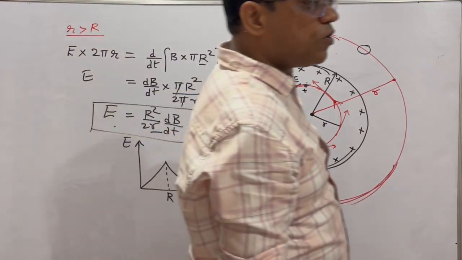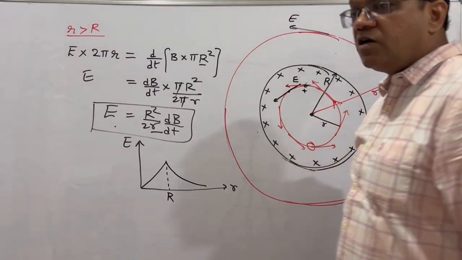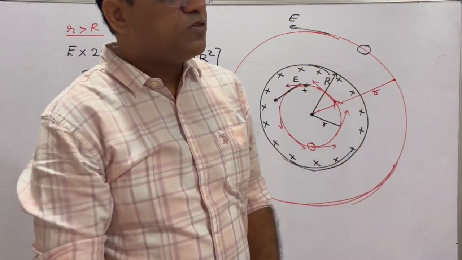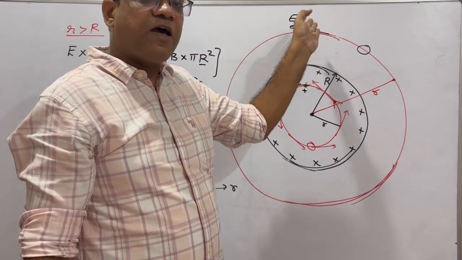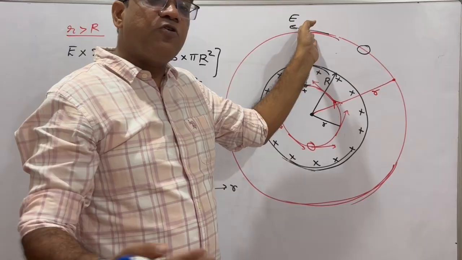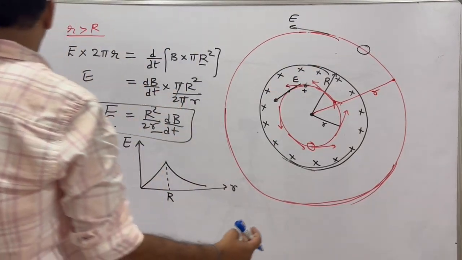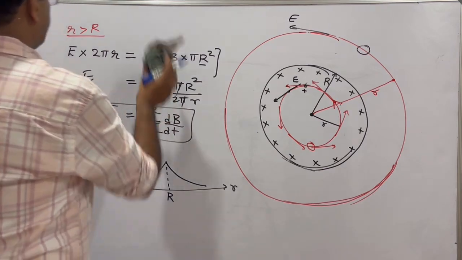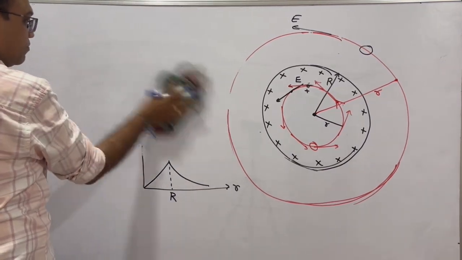What is the cause of the induced electric field? The time varying nature of the magnetic field. But you see the induced electric field develops even at that point where no magnetic field is present. A very important point, because sometimes students get confused in this small part also.